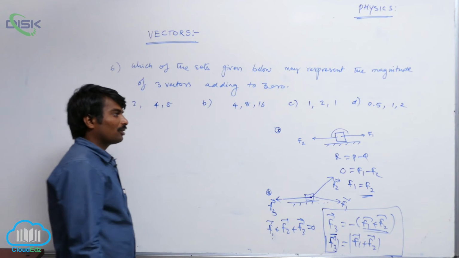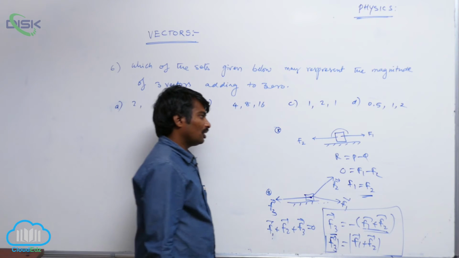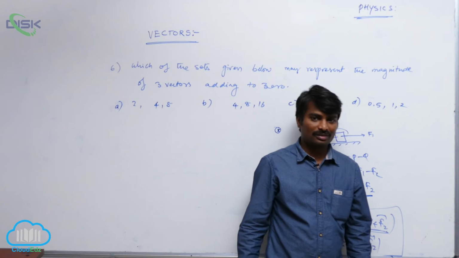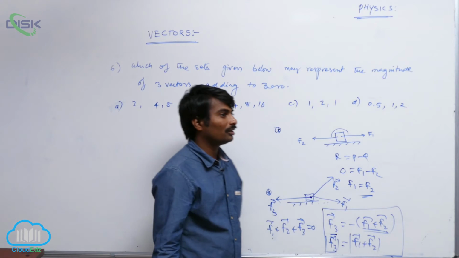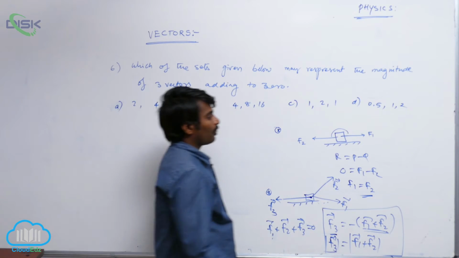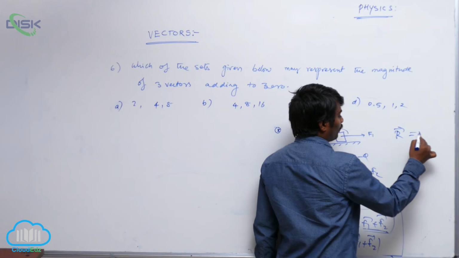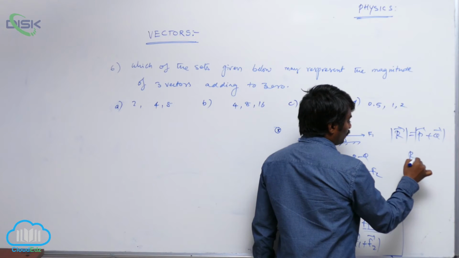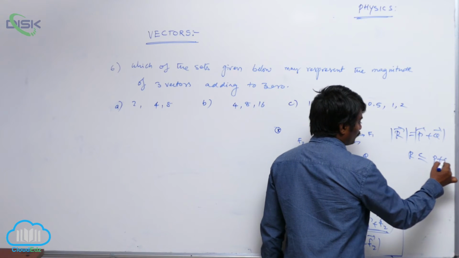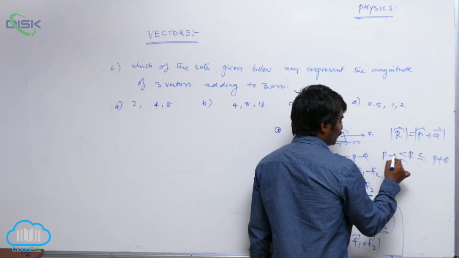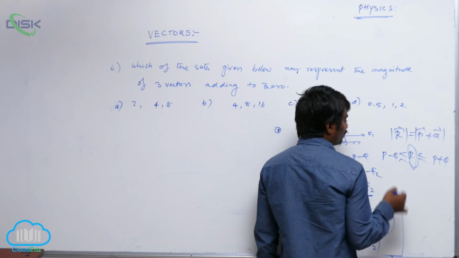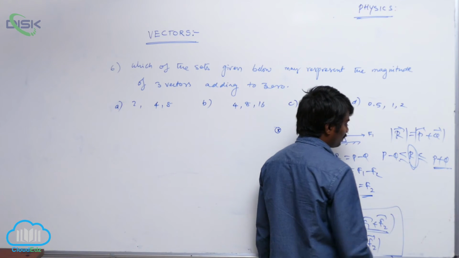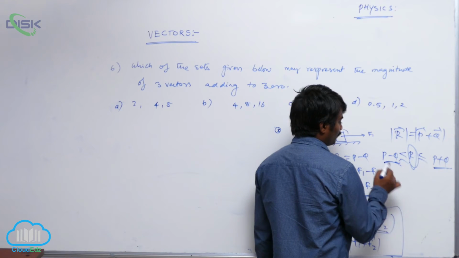But according to the parallelogram law, as I told you, if R bar is equal to P bar plus Q bar, the greatest value of R magnitude is P plus Q and the least value is equal to P minus Q. So R value must be either equal or less than this, either equal or greater than this.